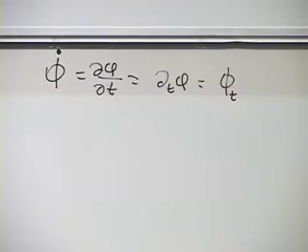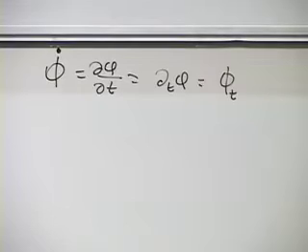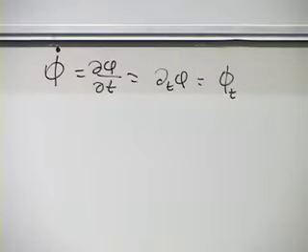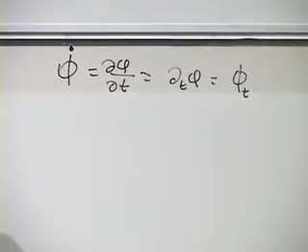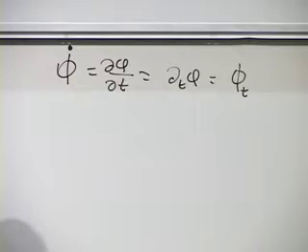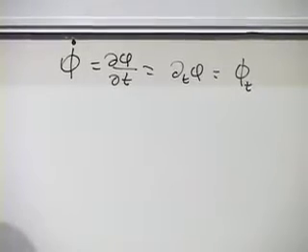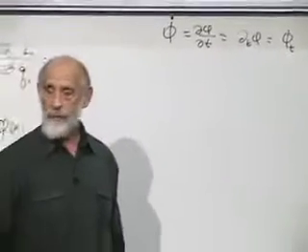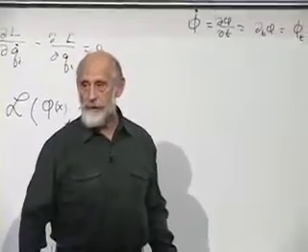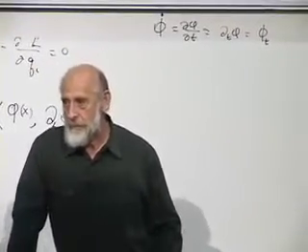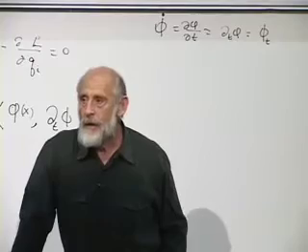Isn't phi dot really the total derivative? No, it's the partial. That's what I mean by phi dot. What if it were omega dot? Wouldn't it be the total derivative?